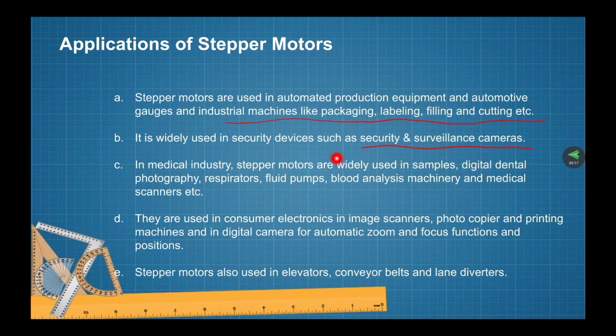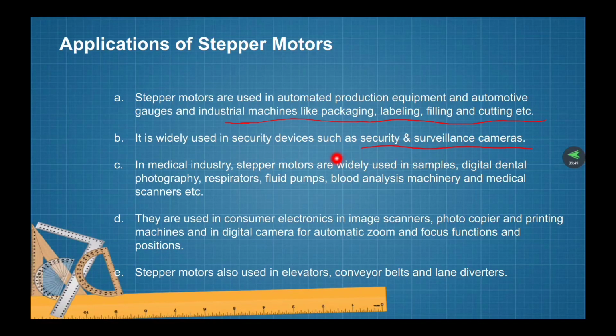In the medical industry, stepper motors are widely used in sampling, digital dental photography, respiration, fluid pumps, blood analysis machines and medical scanners. And then for consumer electronics, image scanners, photocopiers, printing machines, and digital cameras for automatic zoom and focus function.